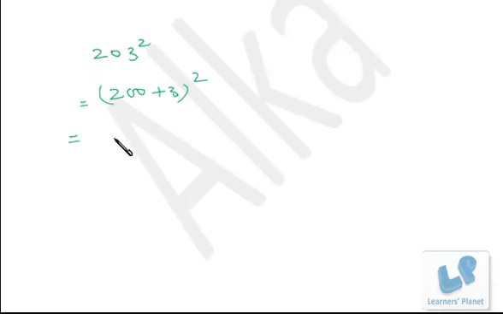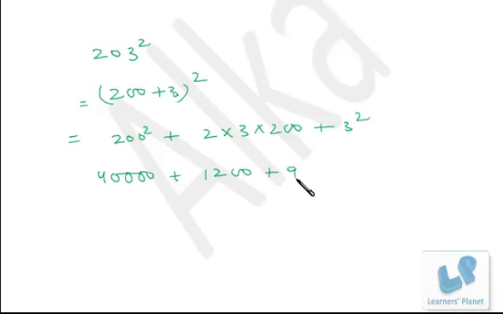Just expand it: a square plus 2 into a into b plus b square. 2 square is 4, 100 square is 10,000, plus 2 into 200 into 3, that is 1200, plus 9, right? So just add. So it's 41209, as simple as that.